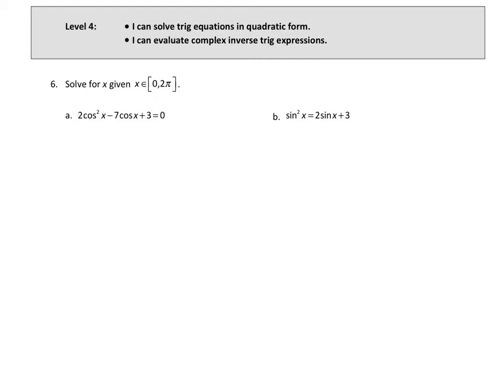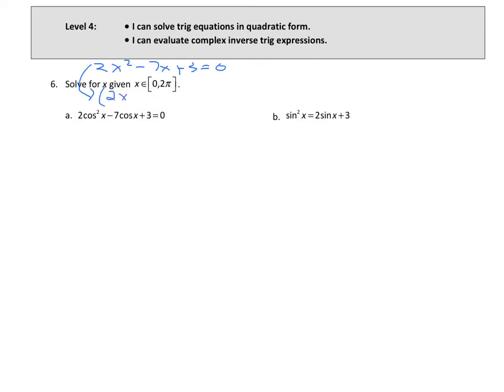If I were to solve an equation like 2x squared minus 7x plus 3 equals 0, I would solve it by factoring. This is basically that same equation, but instead of x squared, we have cosine of x squared. So to solve this equation, I can first think about how to factor it.